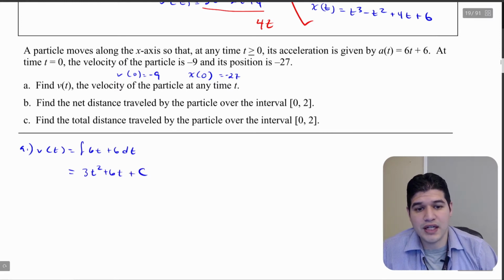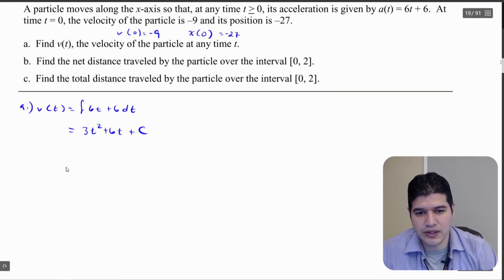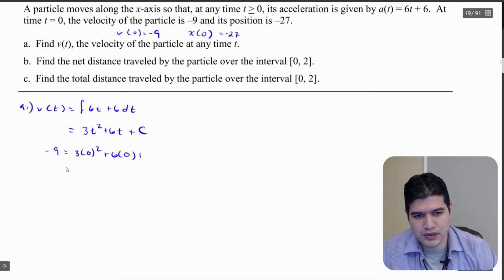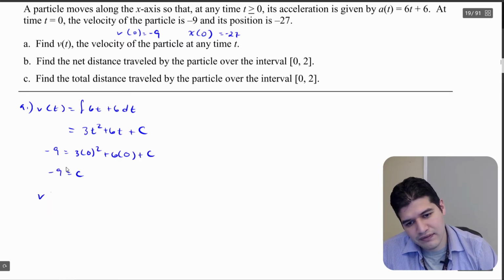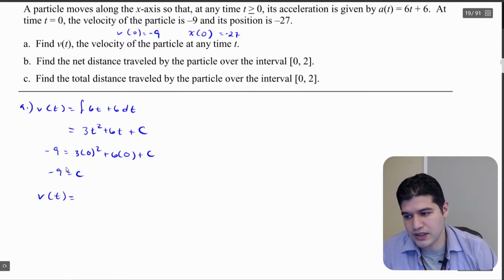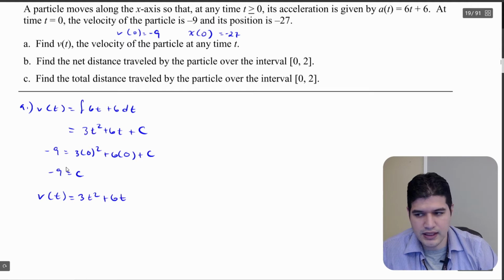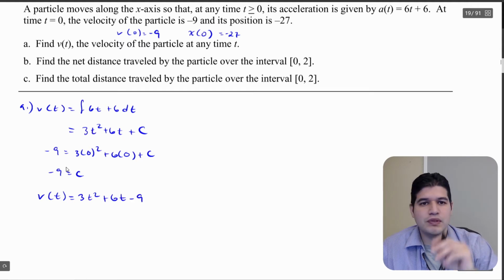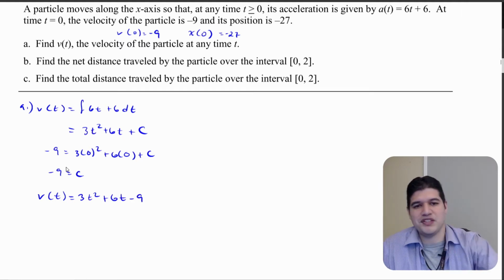Substituting in the values that I know, -9 equals 3 times 0 squared plus 6 times 0 plus c. So -9 equals c, and I can say that v of t is equal to 3t squared plus 6t minus 9. Very similar to what we've been doing in previous parts of this video.